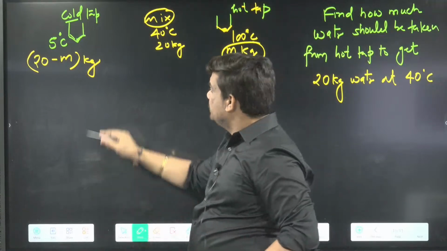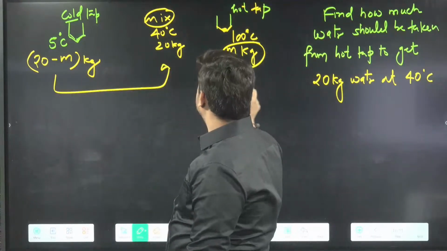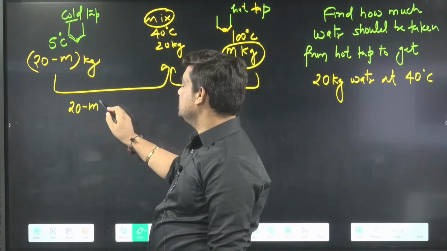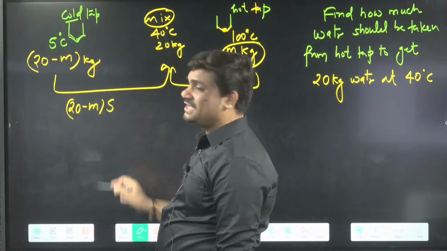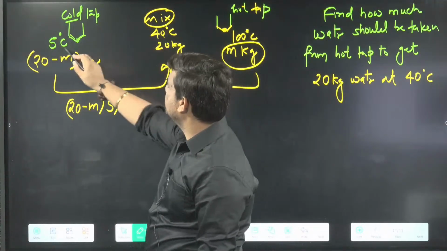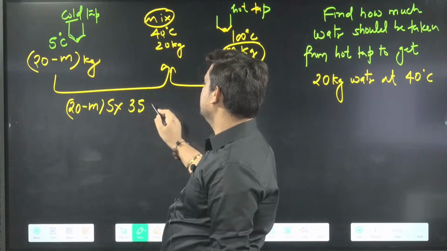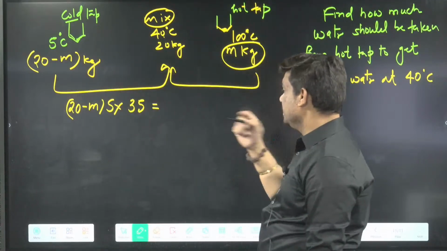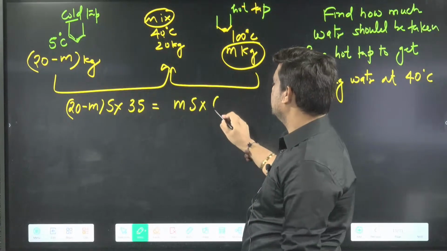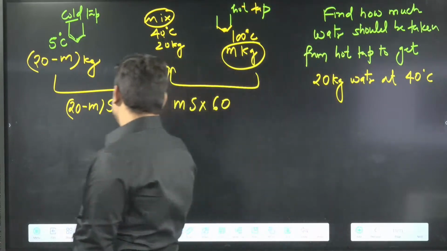Then we can say this will absorb and this will release. So how much will it absorb? We can say ms delta theta. So 20 minus m, both sides the water will be cancelled. So I can put s, and delta theta we can write here 40 minus 5, that will be 35. And here I can write m into s, and this side will have 60. Now s will be cancelled.